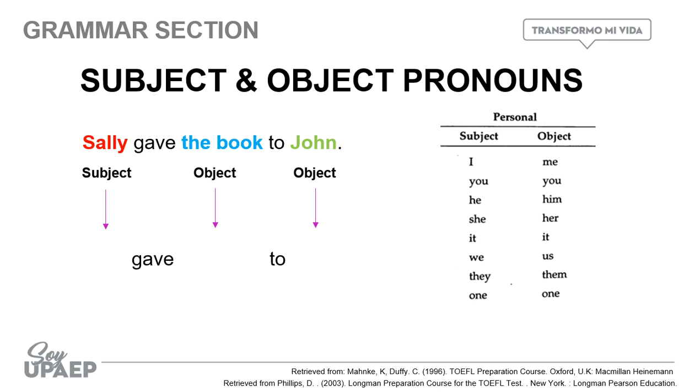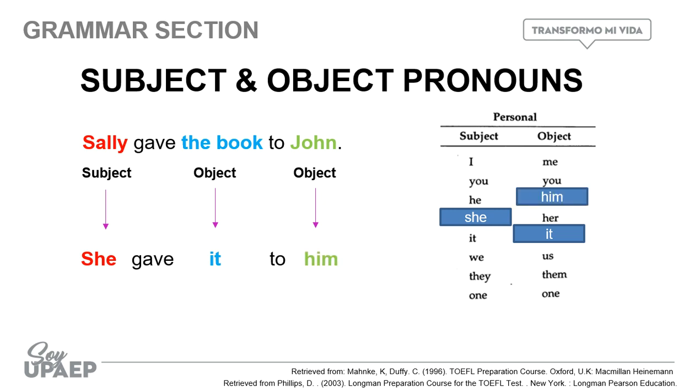So Sally is replaced by she. Why? Because Sally is the subject, so we need a subject pronoun. Sally, she. Then the book is replaced by it. Why by it? Because the book is an object, so you need to use an object pronoun.